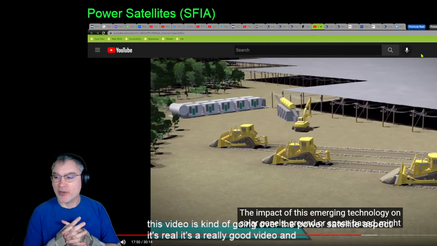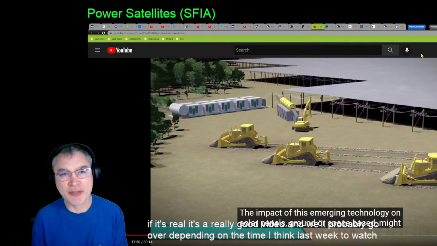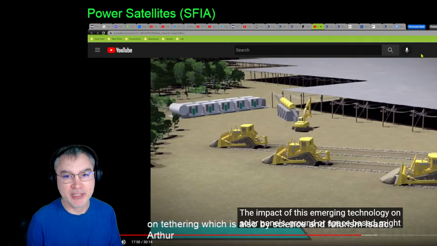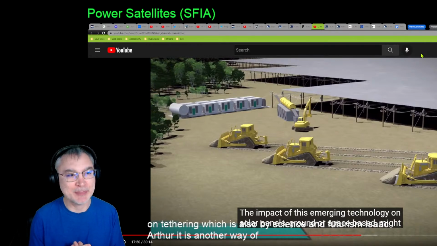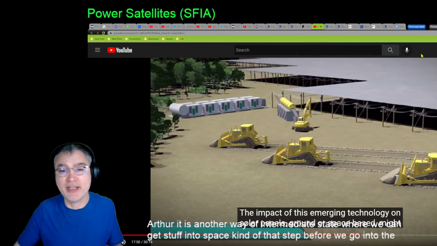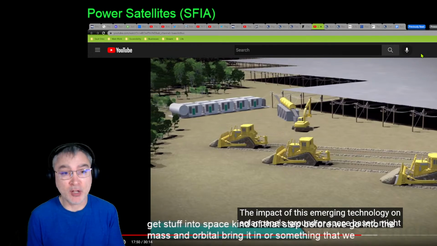And we'll also probably go over, depending on the time, I think last week we watched the video on tethered rings, which is also by Science and Futurism with Isaac Arthur. It is another way of kind of an intermediate state where we can get stuff into space. It's kind of that step before we go into the massive orbital rings. An orbital ring is something that we have the technology to do today.